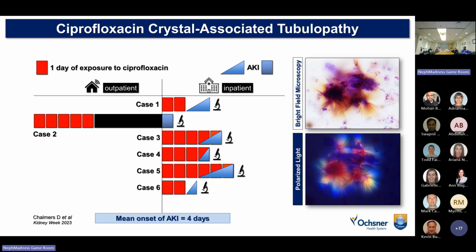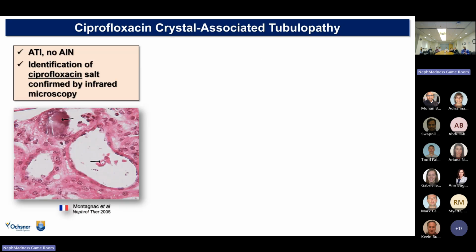We don't have biopsy-proven crystalline tubulopathy in these cases as confirmation, because most of the times we recognize the crystal, we stop the ciprofloxacin, and a few days later the patient starts to get better. Academically, we would have wanted to biopsy these patients, but we didn't because there was no medical indication. So that has been the challenge to really confirm this. But we're pretty certain that these crystals represent ciprofloxacin crystals.